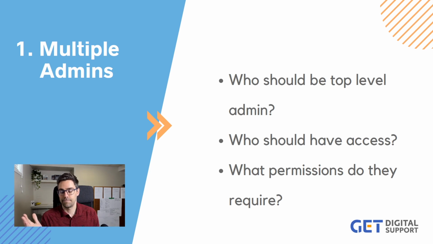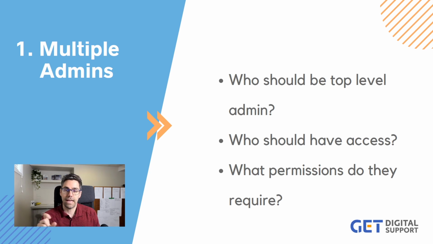Is it office managers? Whoever that is, it's someone who hopefully is not going away anytime soon, who has the competency to maintain or manage that access and delegate access to other people. We need to establish that and put that into place.